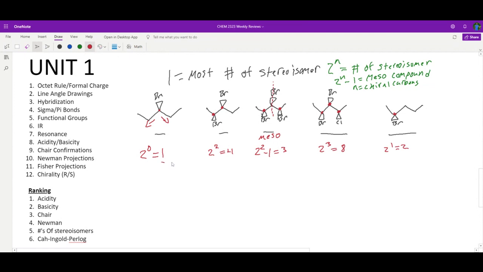So obviously we're comparing 1, 4, 3, 8, 2, which ranks 1, 2, 3, 4, 5. If you ever see a ranking question like that, this is how you solve it. Make sure you know that formula. Do you have any questions? Okay.